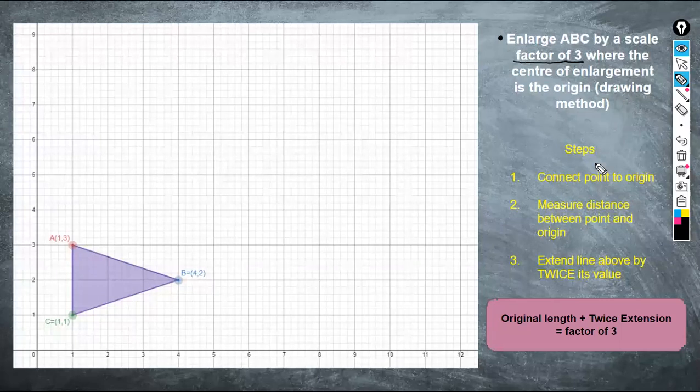And of course, when we finish drawing the final triangle, we can actually prove to ourselves that the triangle is 3 times larger. Great. So here's what we're going to do. I think I animated this one.